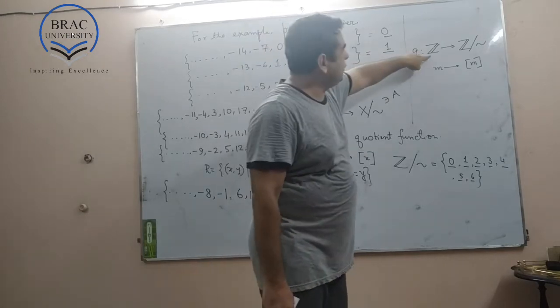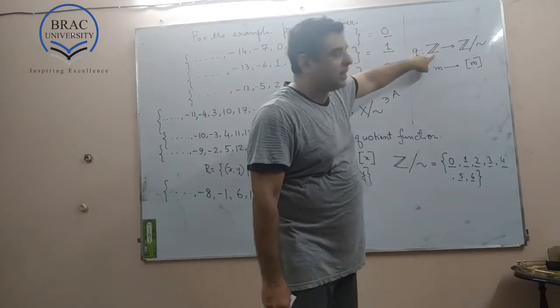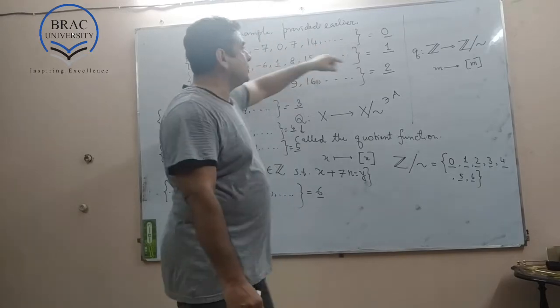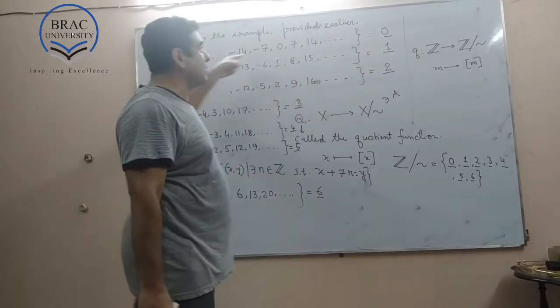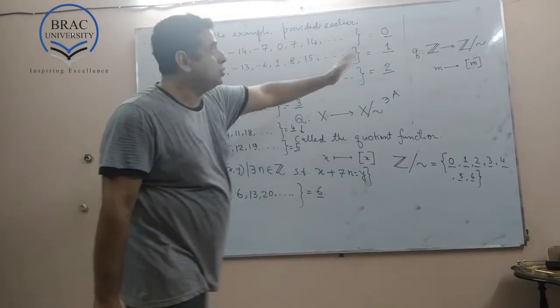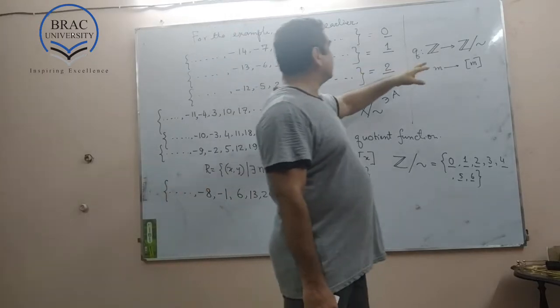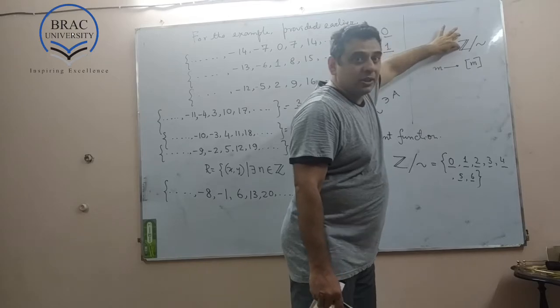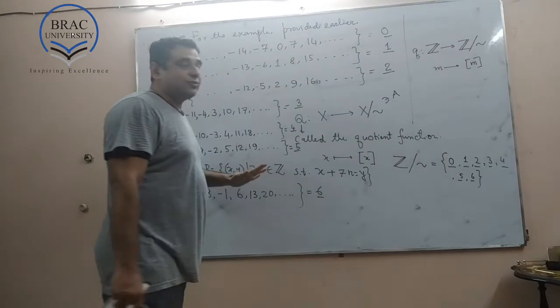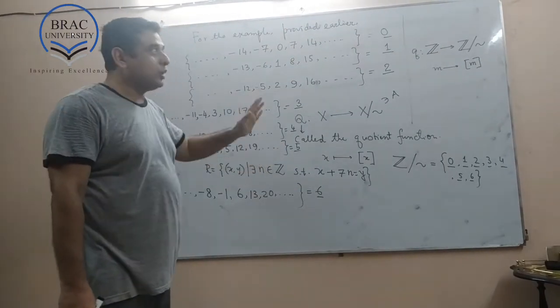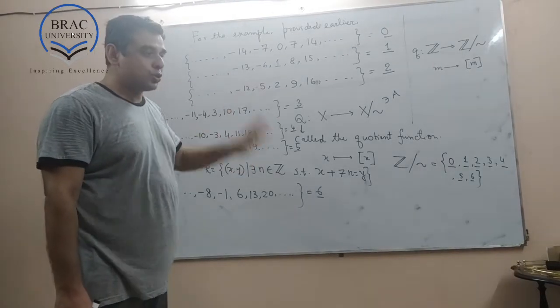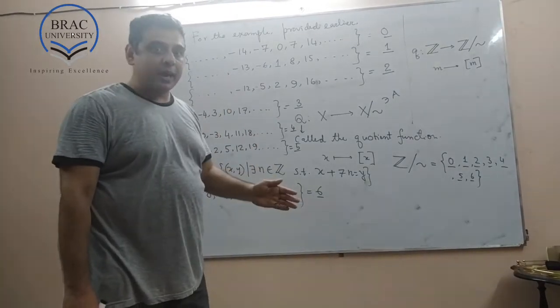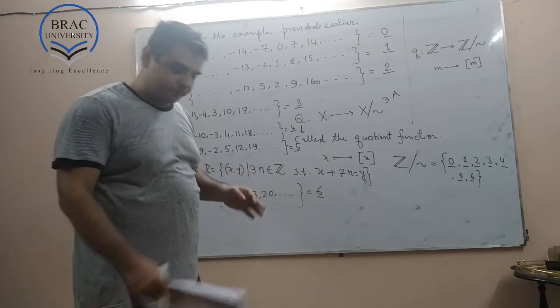If you choose 2 or many elements which all belong to the same class, they are projected to the class 0 here. Which means that it is not an injective map, although it's surjective. So the quotient map is a surjective map, but it's not an injective map.